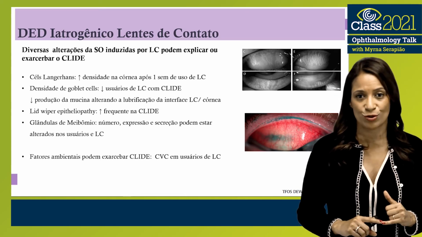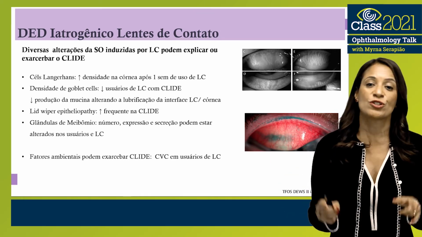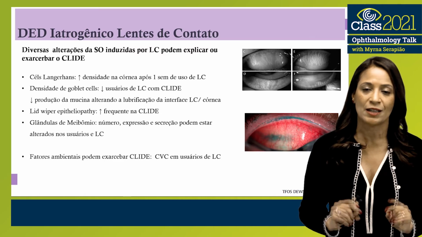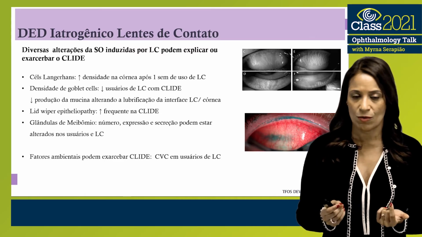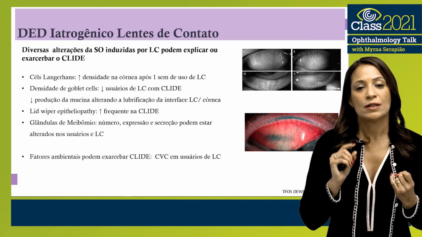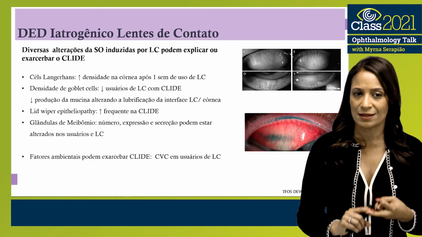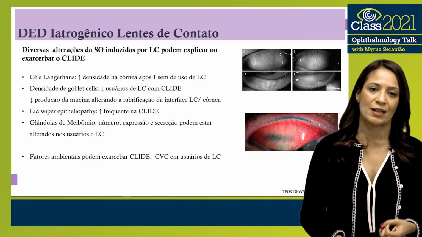And it is that pattern of staining of the eyelid margin which currently is even a part of the diagnosis for dry eye. And also remember that changes in the secretion of the Meibomian glands, which may be related and altered, mainly in more chronic sufferers.